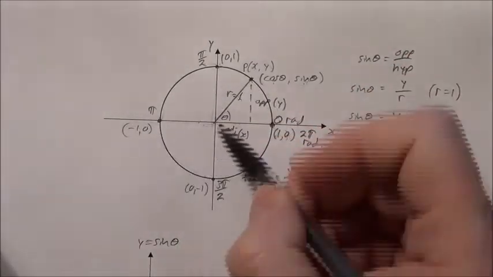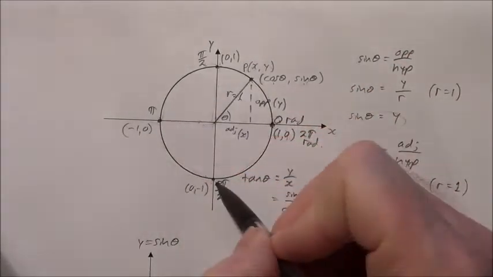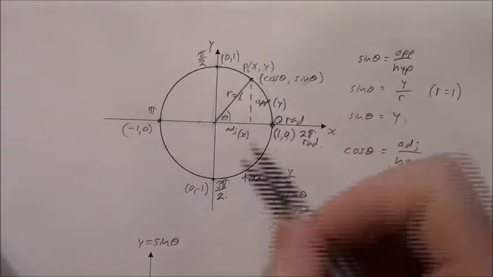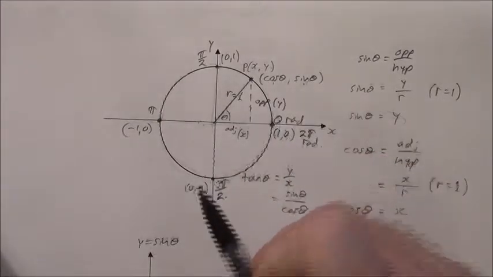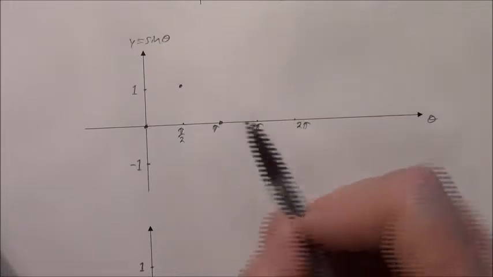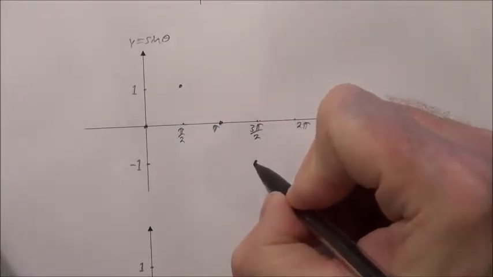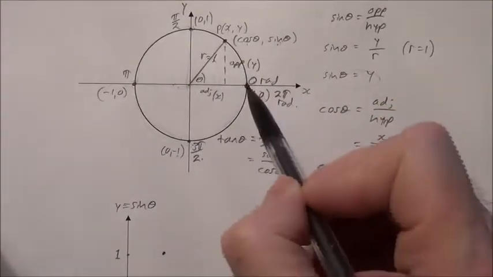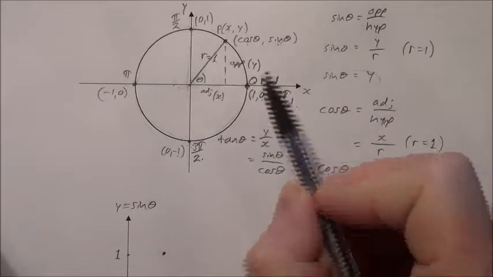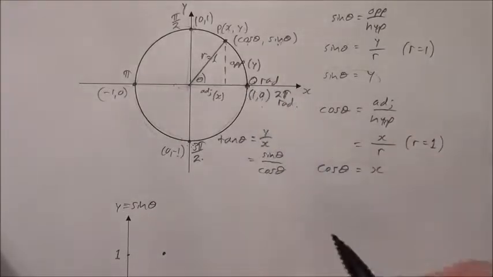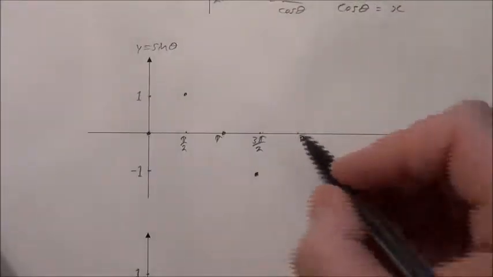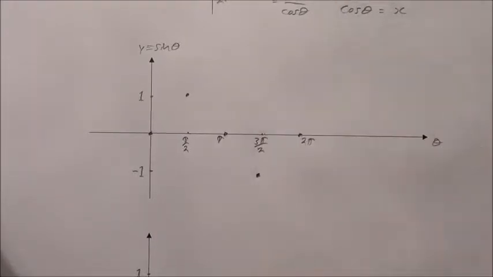We continue rotating this point P around the origin. We get down to 3 pi by 2 radians, and sine theta is equal to negative 1. So at 3 pi by 2 radians, the height is negative 1. And then we continue rotating to 2 pi radians. Sine theta is now back to 0 again. So we come back up here.